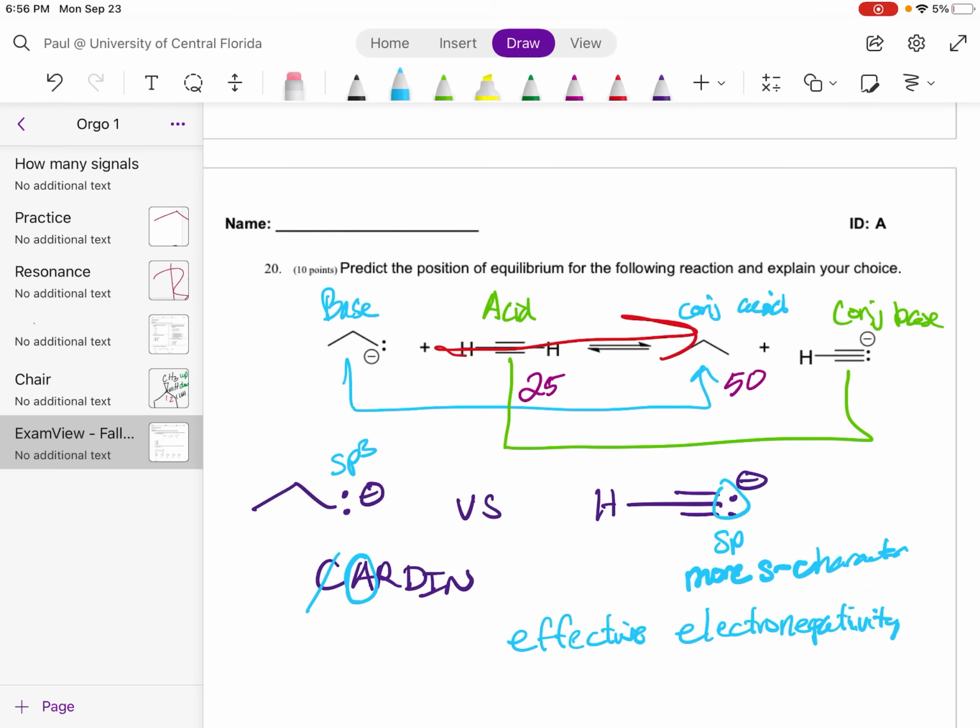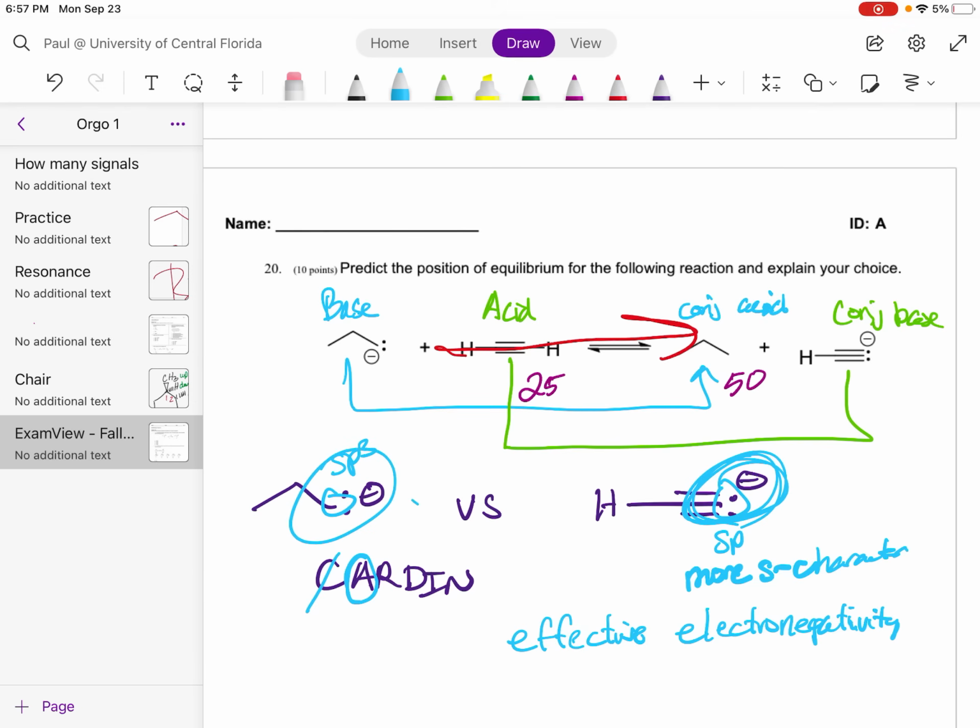So both are carbon atoms, but the sp hybridized carbon has more s character, so the electrons are closer to the nucleus because of the shape of the orbitals, and so it feels like the carbon is more electronegative. Because it has more effective electronegativity, it's going to stabilize that negative charge better than this one.